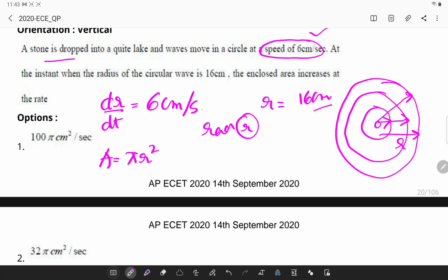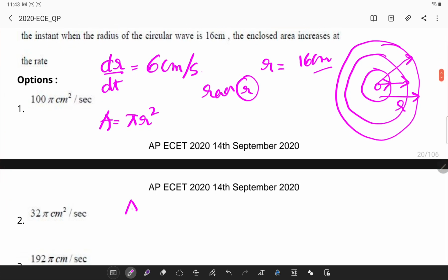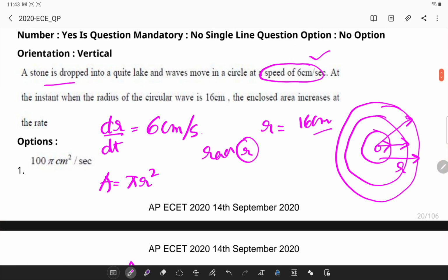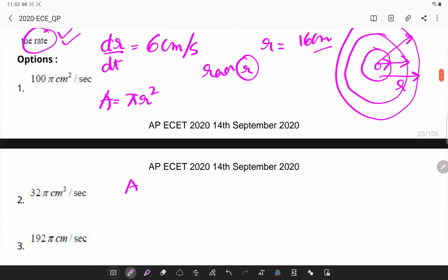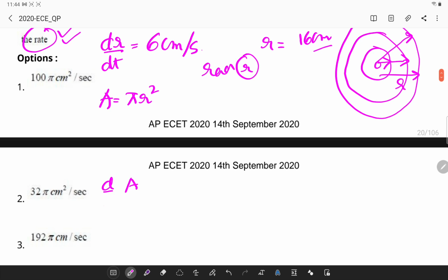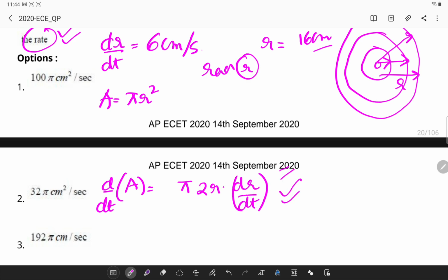Pi into r square. Now here we are supposed to find the area in terms of rate, so I have to take the derivative of area with respect to time. So I'll be left with pi into 2r into dr by dt. You can simply remember this formula.